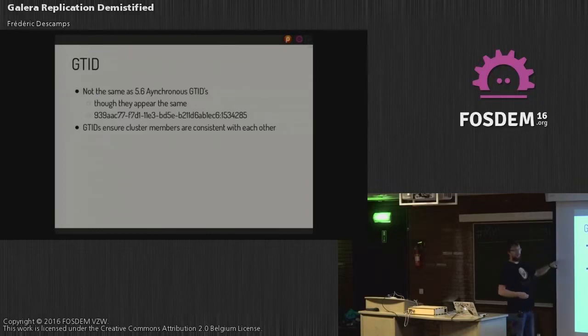And these GTIDs ensure that all the members are consistent with each other, right? So when they join, they say, oh, this is the GTID I had, or this is my current GTID. What's the status of the cluster? And then we know where we are in terms of data, right?